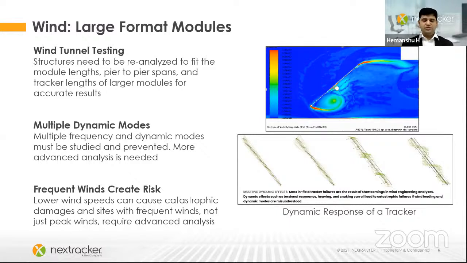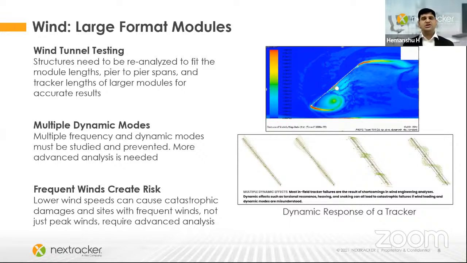The third aspect, which is not very well understood, is how the frequent winds are going to impact the tracker design. So when we design trackers, it's not just the peak winds that affect it, but constant, regular, steady winds will also impact the tracker design. And their effects are increased when we are looking at these larger format modules.